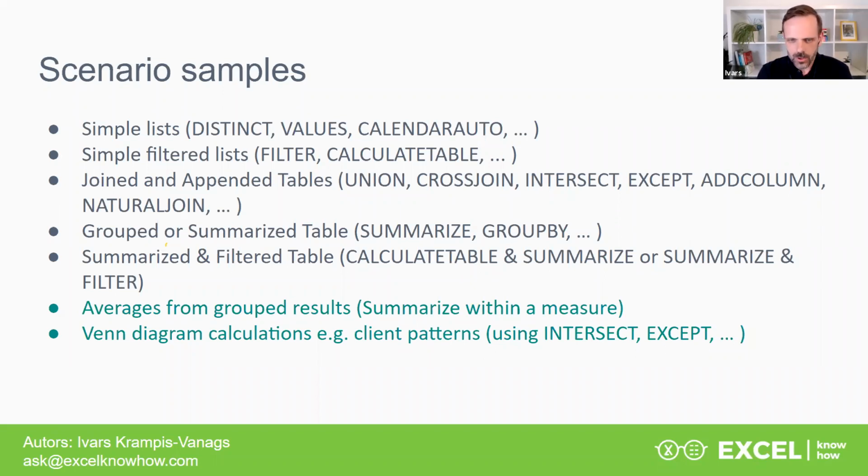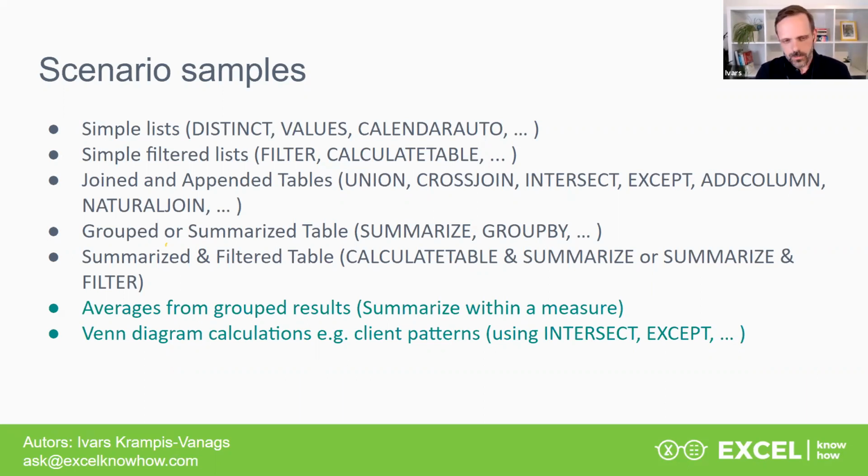And the last two topics, which is probably the main idea why I came here, are how we can calculate averages from grouped results. For example, if you have a list of transactions, how you can calculate a daily average or annual average and things like that.